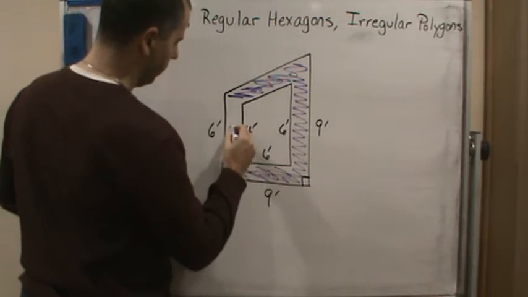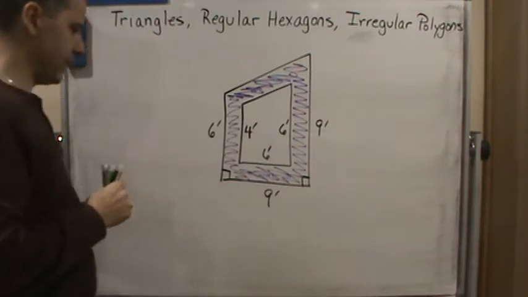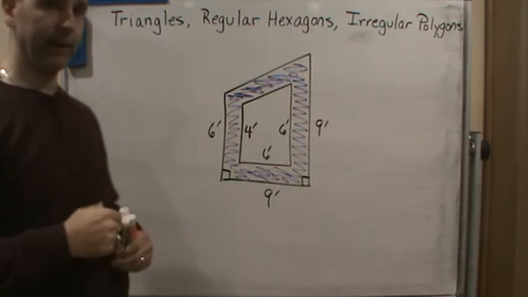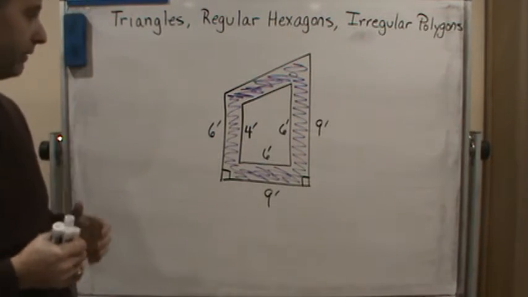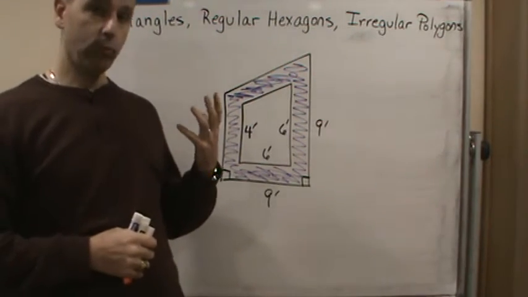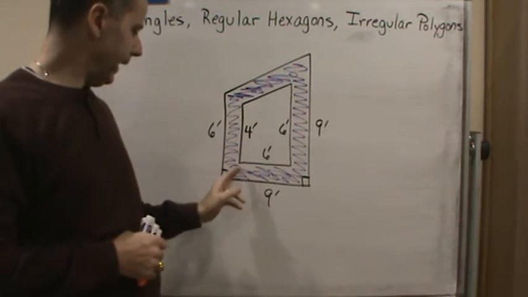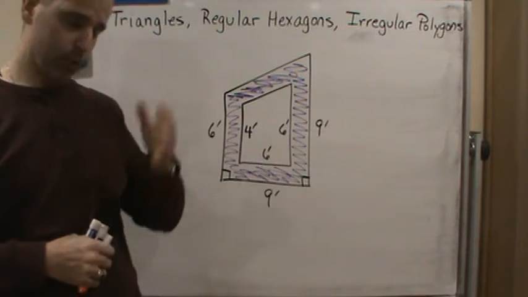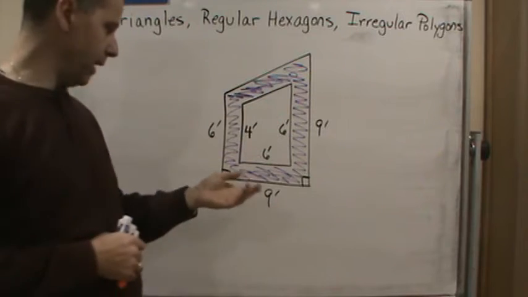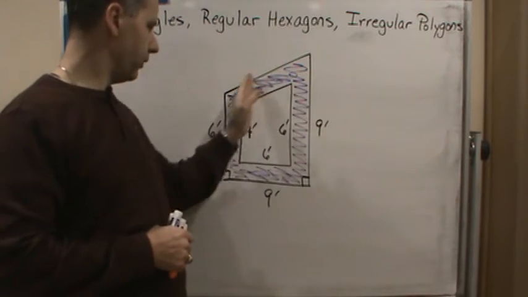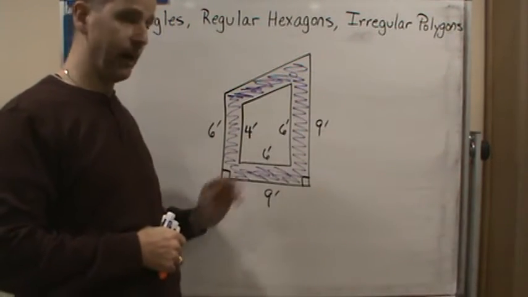Okay, so all of that wants to be tiled. We need to find out the area of this because we're given a cost. They want to find out how much it's going to cost to tile this patch around the fire pit.